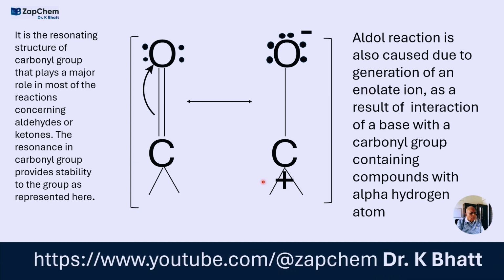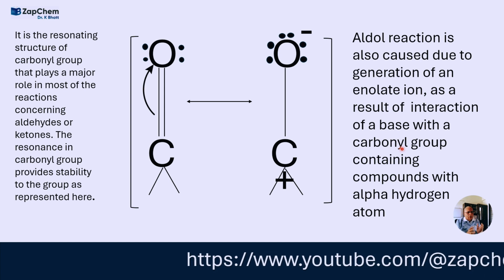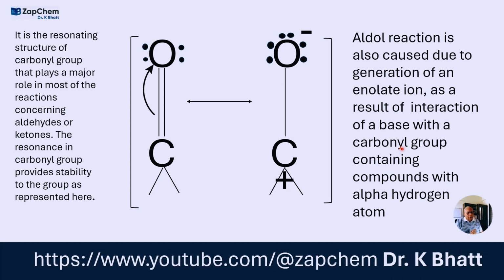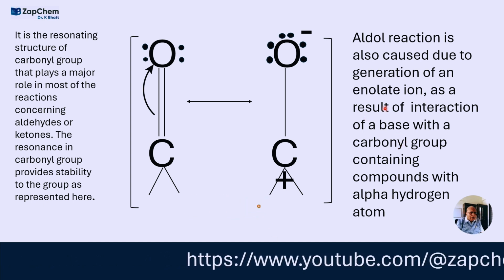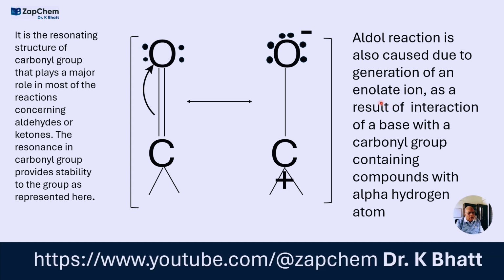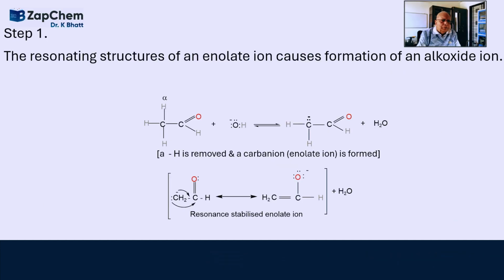So these are the two resonating forms, and aldol condensation is also caused due to generation of a new ion with aldehydes containing alpha hydrogen atom, and that new ion which is created is known as the enolate ion. Now this enolate ion itself suffers a resonance. A resonance stabilized enolate ion is formed.